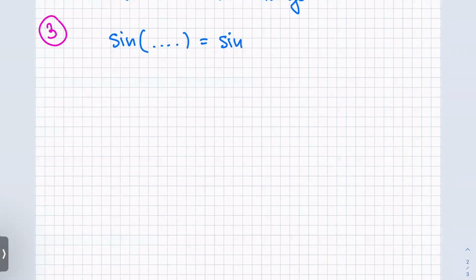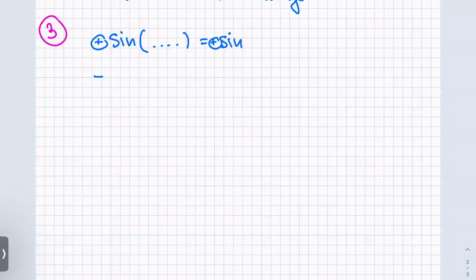So what I mean by this rule number 3 is, if you had a plus sign for your original function sine, then it will stay as a plus sign for your function sine after applying this reduction formula.